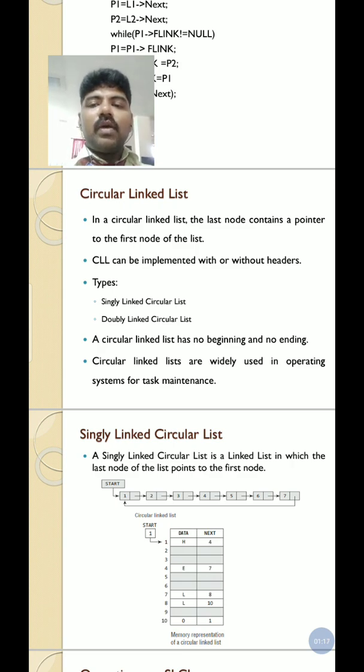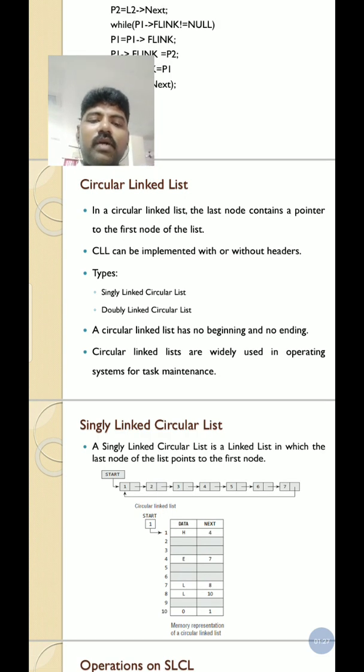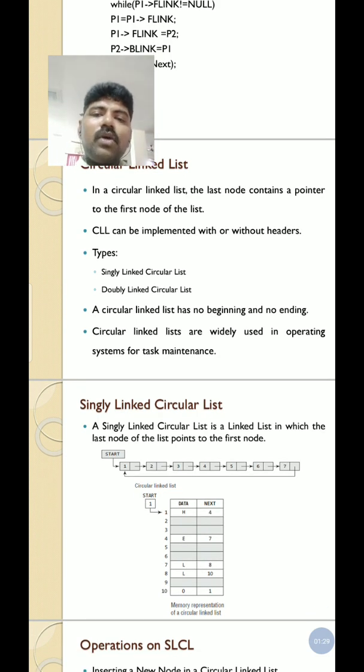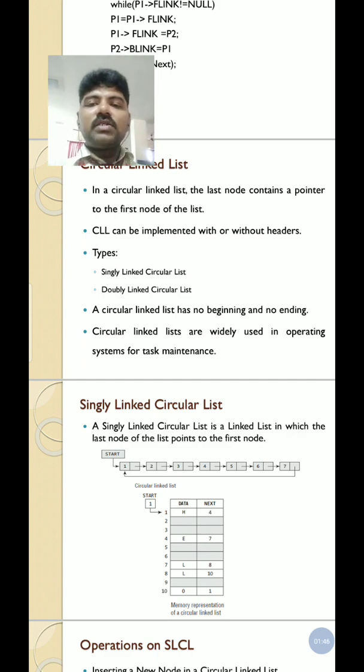A circular linked list can be implemented with or without headers, because here we cannot predict where the list will start and where it will end. One important thing is that the circular linked list is classified into two types: one is the singly linked circular list, another is the doubly linked circular list.